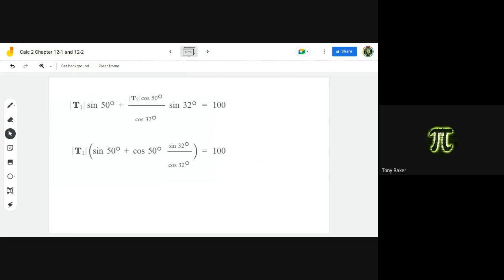So sine 50. If you're doing it in your calculator, make sure your calculator is set to degrees.